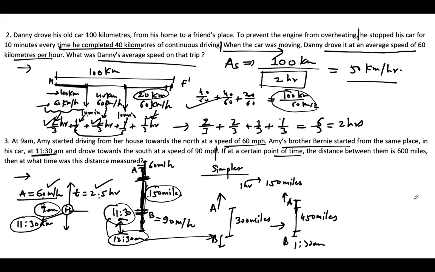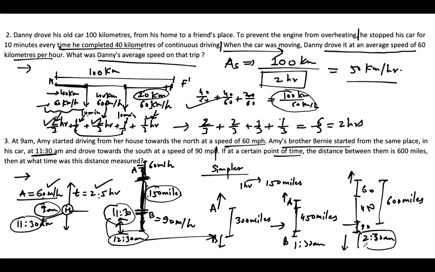What's going to happen after 1 more hour? It's going to become 600 miles. That is at 2:30. Again, A will travel 60, B will travel 90, and the total would be 450 plus 60 plus 90, which is 600 miles. Is this point clear? This is a simpler approach.